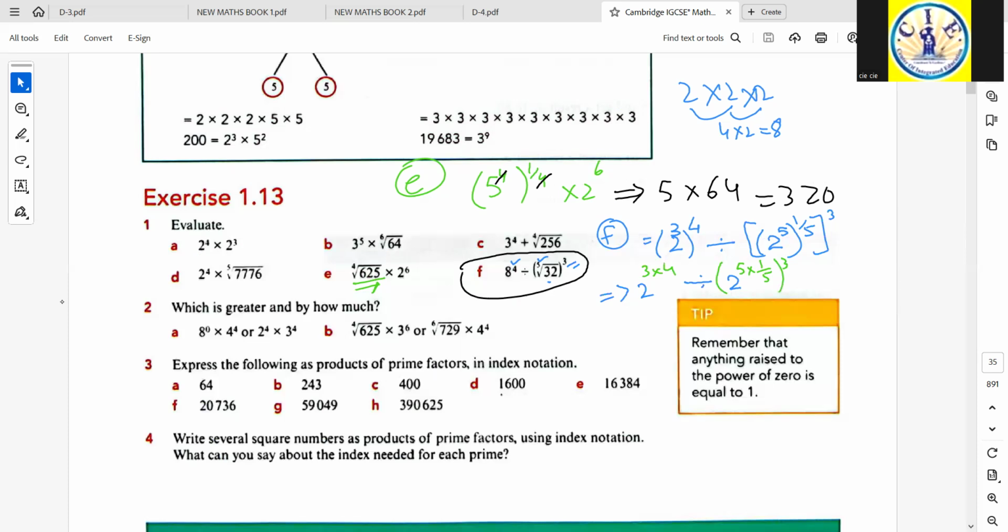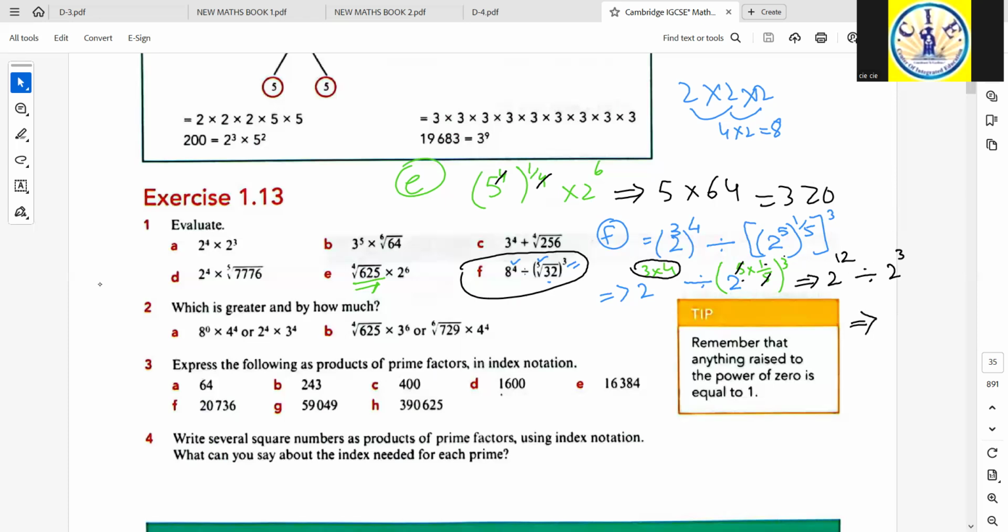Now it's just the simplification. This 5 gets cancelled with this 5. So I'm left with 2 raised to power 12 here, divided by 2 raised to the power 3. 2 raised to the power 3 only, because 1 times 3 is obviously 3. So now two numbers are being divided.